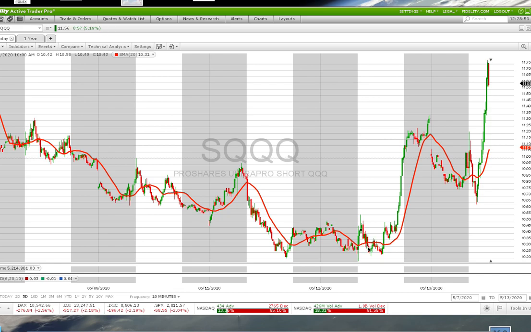And of course, we're looking for the market to roll over. We've been looking for it to roll over for quite some time now, and it hasn't done it. But at 2 o'clock yesterday, and that would have been May 12th, the Treasury reported that the budget deficit for the month of April was a record $738 billion, the highest in history.